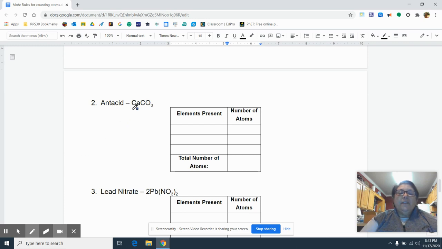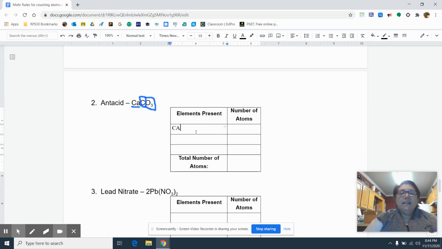Okay, I've got a C. Oh, but there's a lowercase after it. Remember, that means that they go together. And then I've got some carbon and I've got oxygen. So I have 3 different elements.